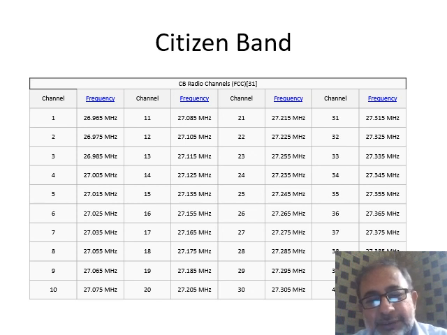In this way, voice communication is done over this. These standards are defined by the FCC, the Federal Communications Commission, which is an equivalent of PTA in the USA. FCC is the regulatory authority in the USA.